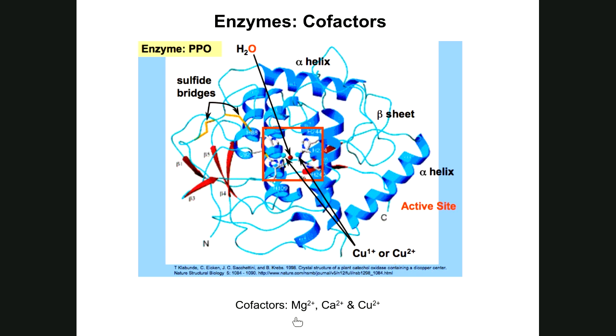Cofactors, the way I want you to know them, cofactors are cations. So don't know them as metal ions, even though that's not wrong. I want you to know cofactors as being cations, first of all.